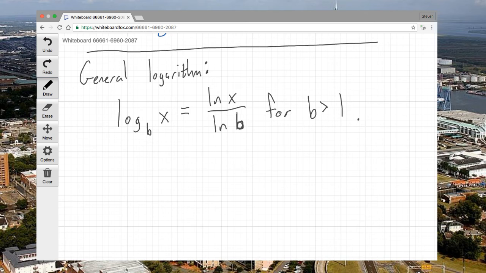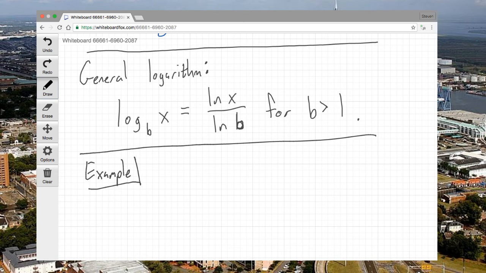I can solve problems with it as well. I'm going to use the definitions.